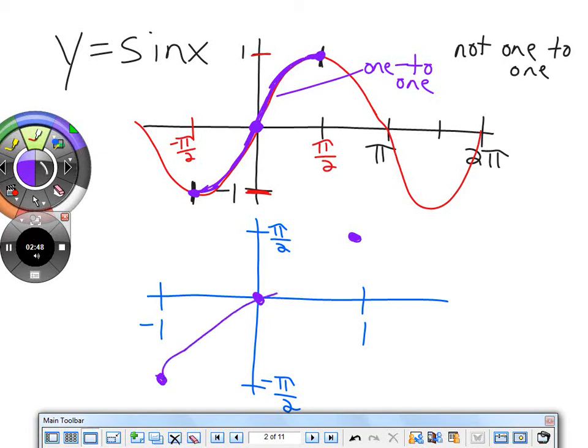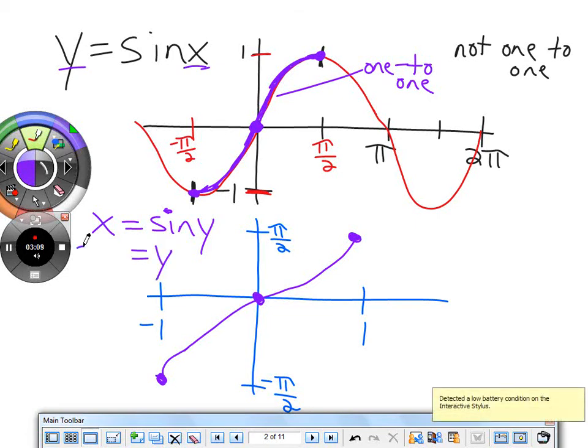And you can actually graph that on your calculator. Here's the function we're looking at. We're saying this is x equals sine y, and all we did was switch the x and the y. Then if I get the y by itself, the function is y equals inverse sine of x.